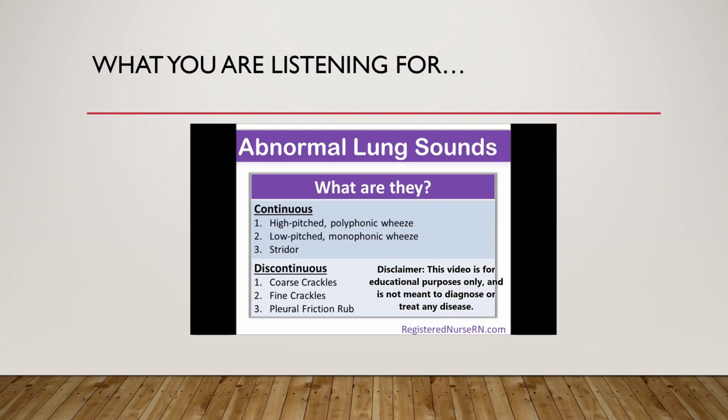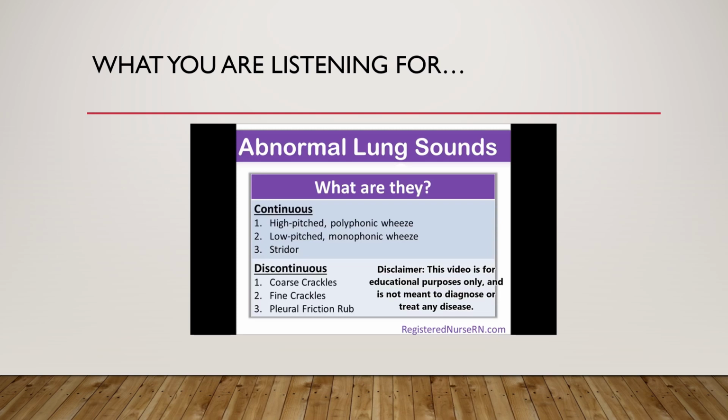So I went ahead and put another video in here to give you an understanding of what they are, and you guys are going to practice in lab listening to each other's lungs and determining whether or not they are normal or abnormal, at all of the sites.